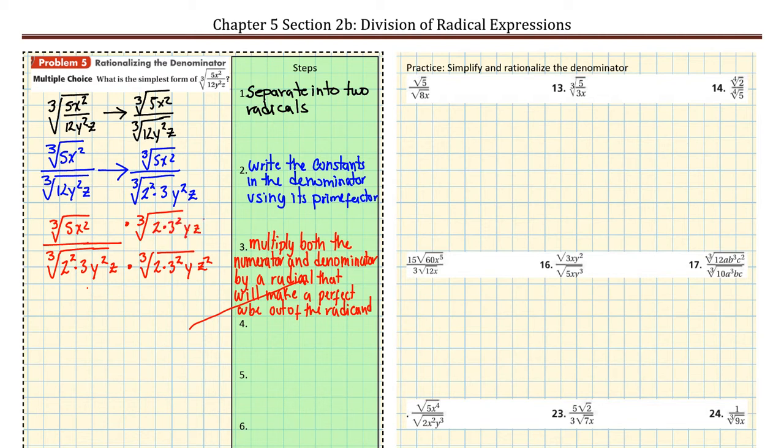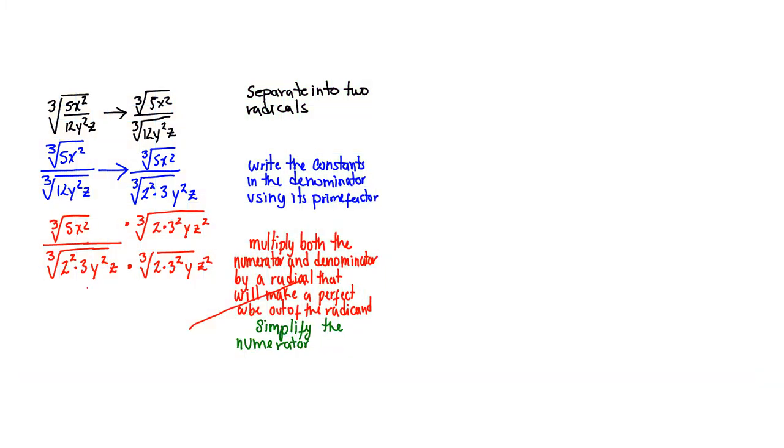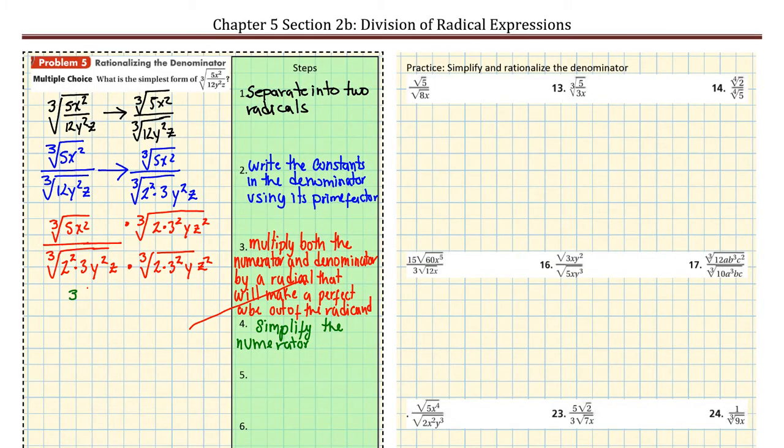Now let's simplify. First, we're going to simplify the top. So we still have the cube as a radical on the top.